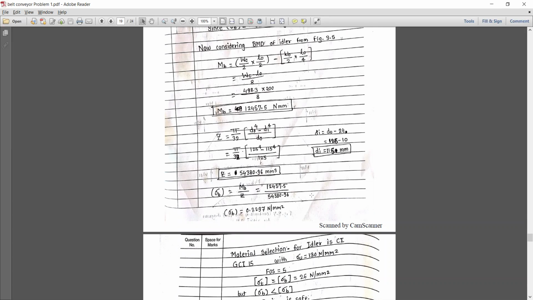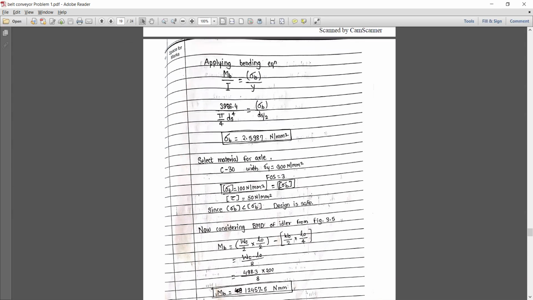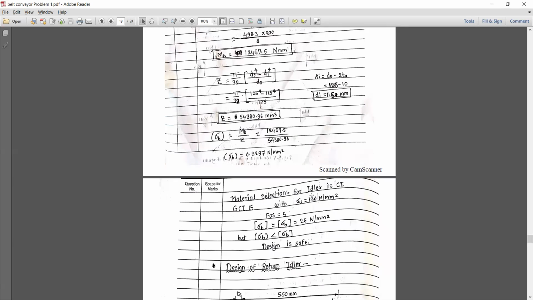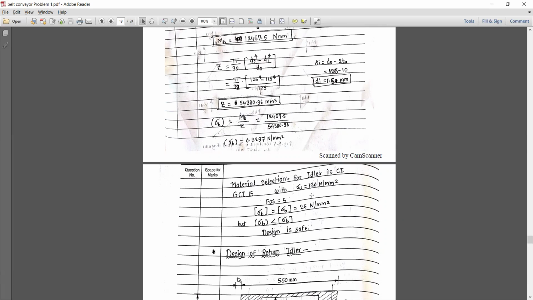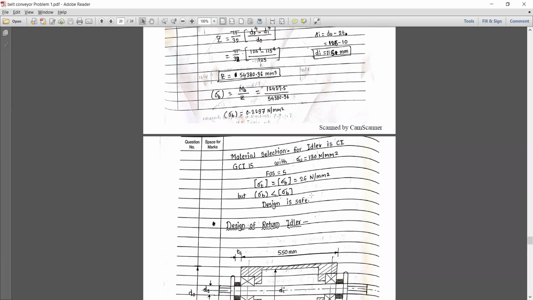Similarly you can apply the bending moment equation. Before that you need to calculate the value of Z. Z is equal to pi by 32 into dO raised to 4 minus di raised to 4, divided by dO. Okay, so putting all the values, Z is equal to 54,380.96 mm cube.